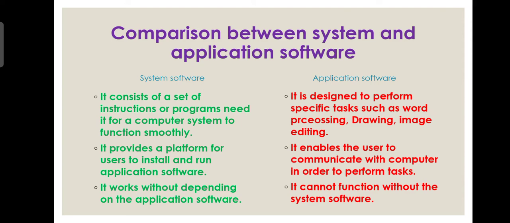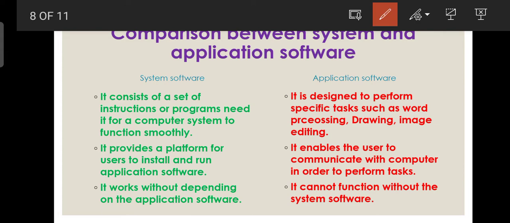This is the main point. You can highlight it, I am also highlighting it. It works without depending on the application software. That's why system software is more important than the application software. The application software cannot function without the system software.